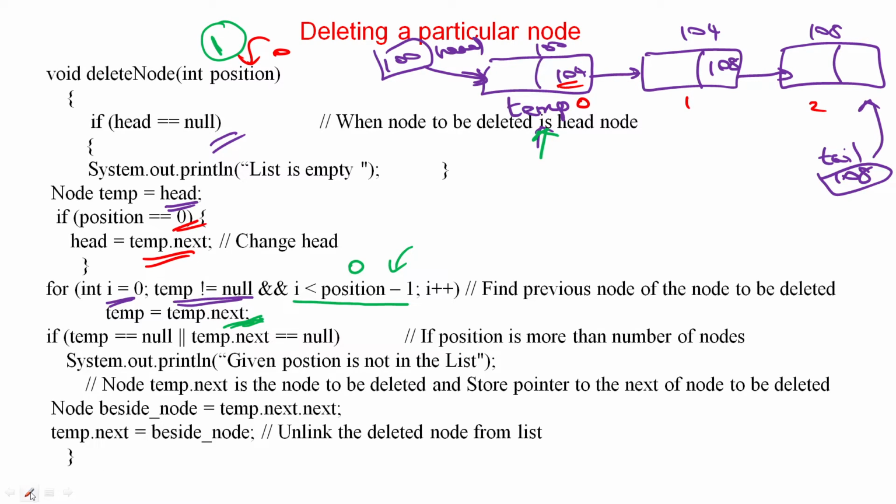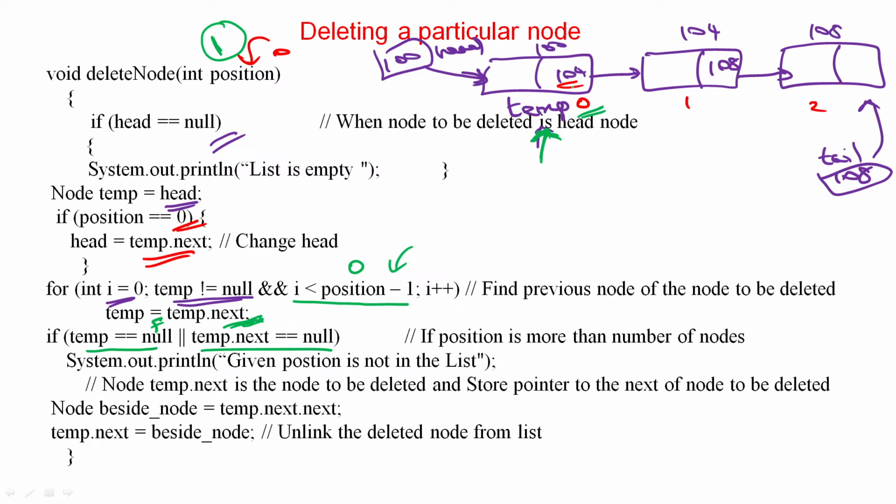So now the pointer is at the 0th position. Now we are checking temporary equal to null. No, it is false. Temporary dot next equal to null?